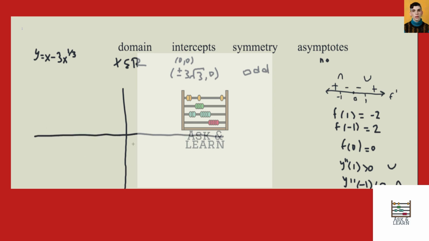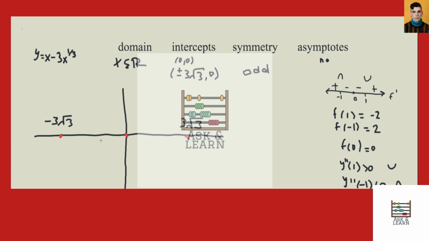So we know we have an intercept at negative and positive 3 square root 3. And (0, 0). So we have an intercept here, here, and here.